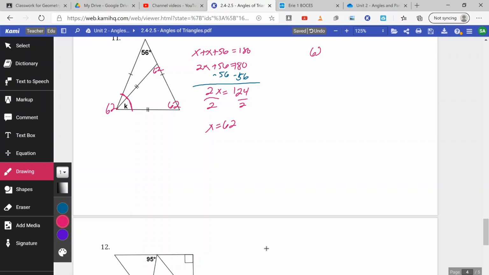So 62 plus 62 plus K is 180. Now, fortunately for us, we just pretty much had the same equation. So in this case, we end up with 124 plus K is 180. Subtract 124 and we get K equals 56. So this one was kind of quick and easy, kind of odd, but it works.